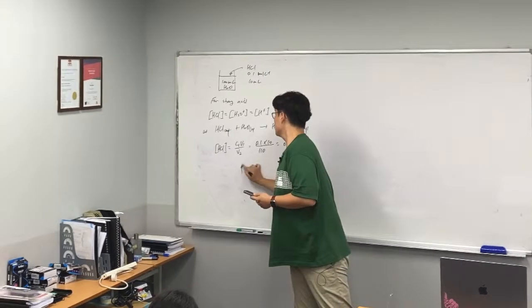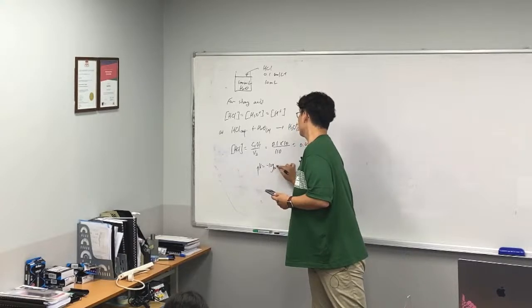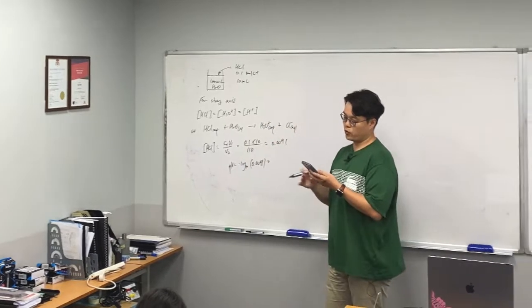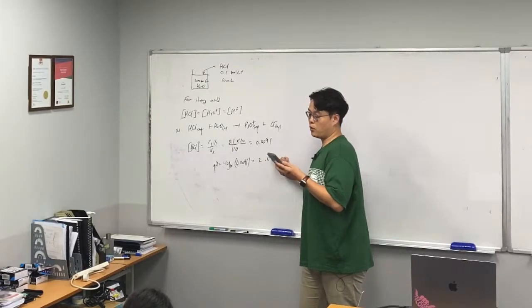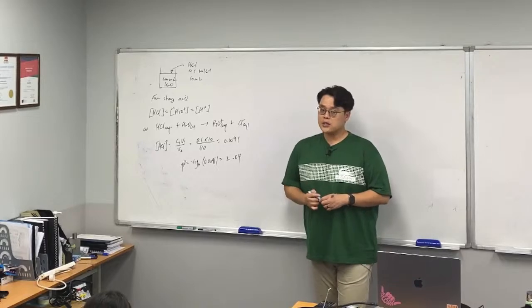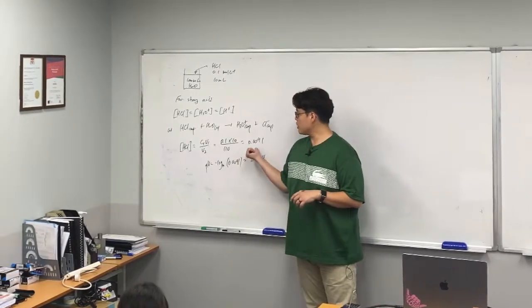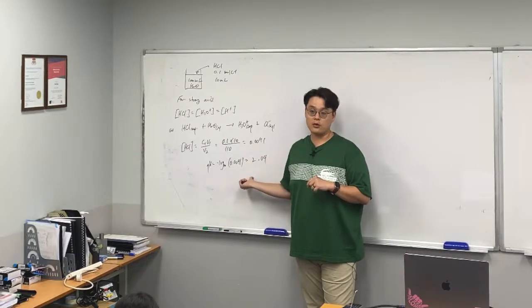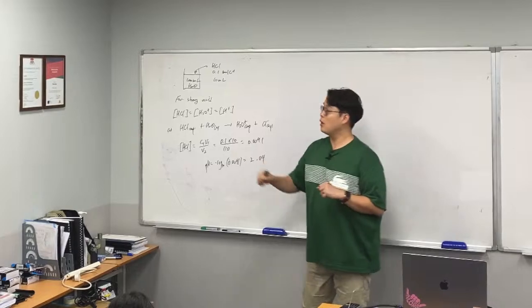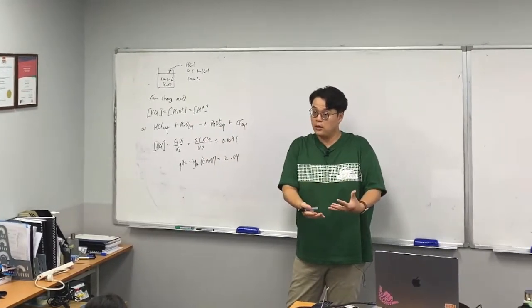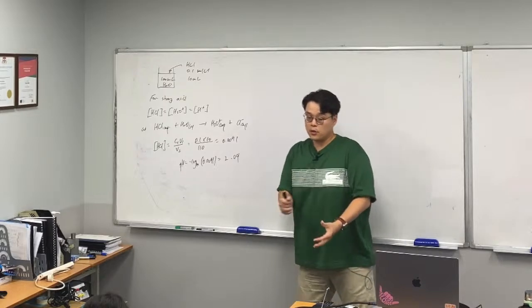Then pH would simply be minus log10 of 0.0091, and you get 2.04 as the pH. So the concentration is only 0.0091 for the hydrochloric acid, but the pH is actually extremely low, close to 1. That's because all the strong acid dissociates to release the hydrogen ion, and that's something we have to consider here.